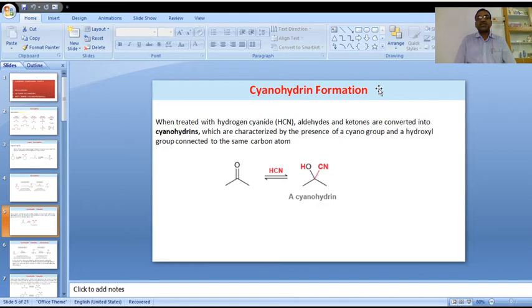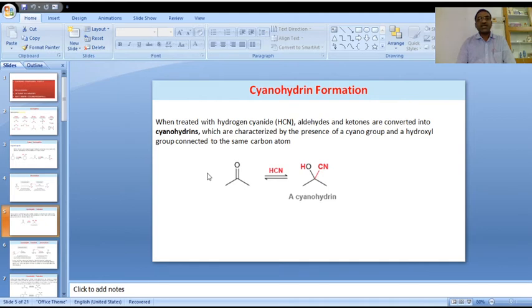Cyanohydrin formation. In this reaction, the starting compound may be an aldehyde or a ketone. Here we are using a ketone compound.